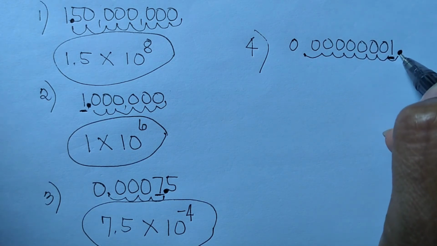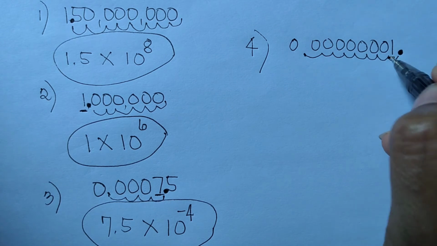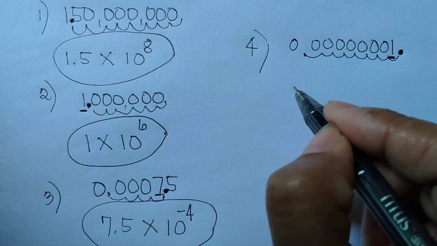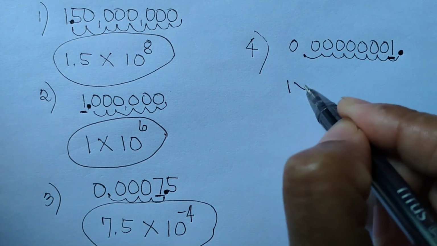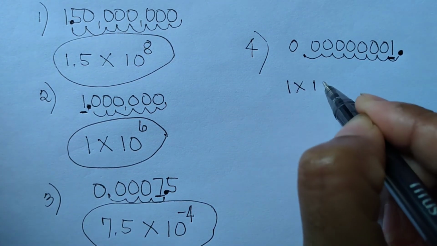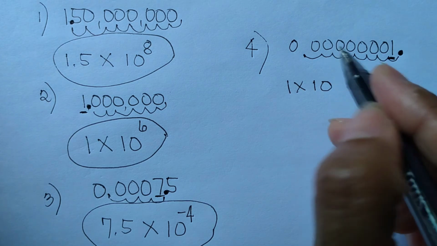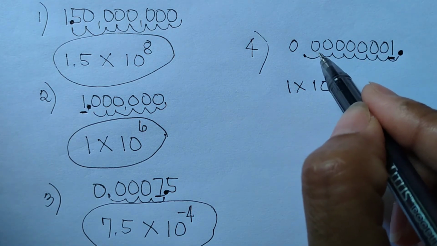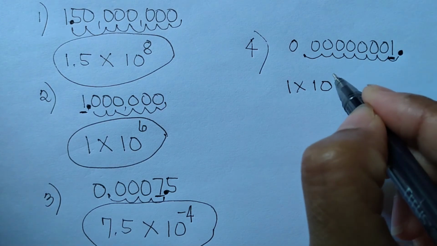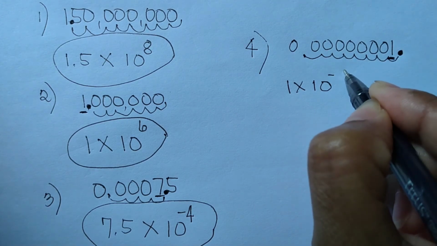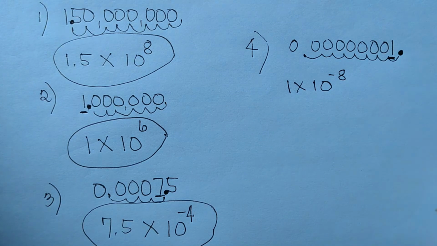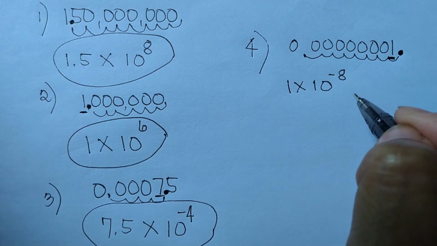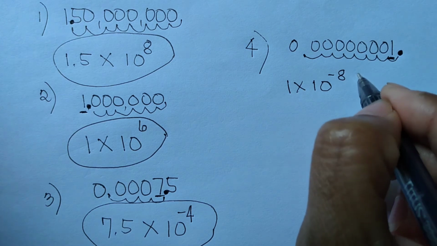So we can write it as 1 times 10 raised to the power of, how many times do we move? That is 8 times. So we have negative 8. So that is 1 times 10 to the negative 8 power.